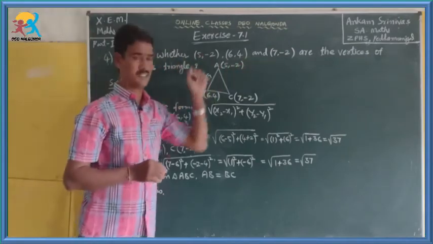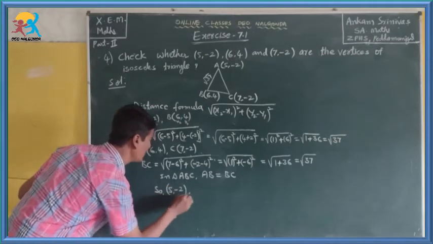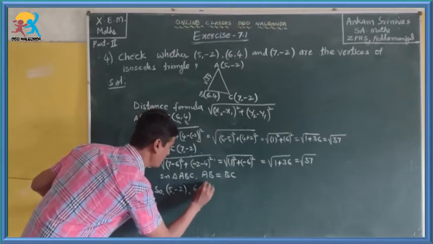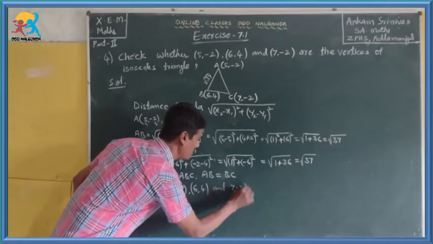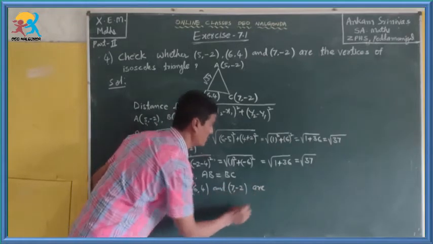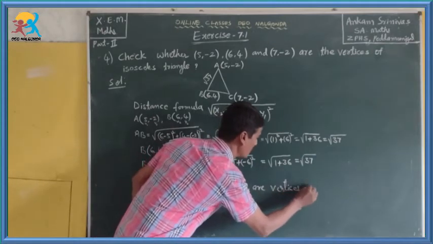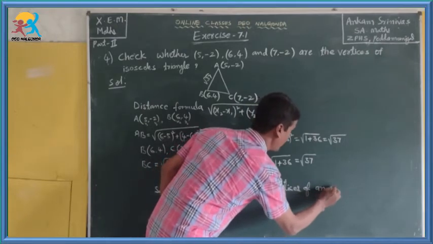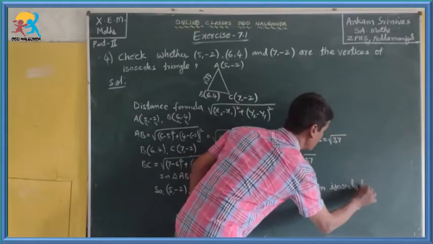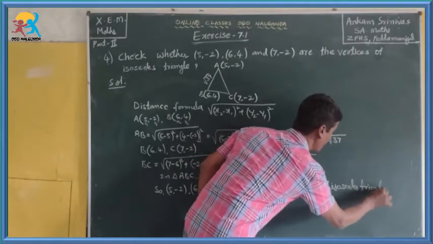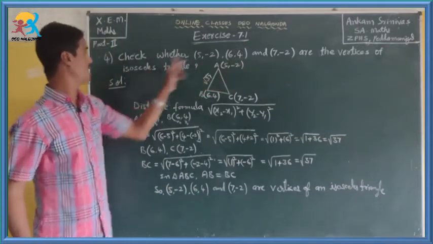Check whether 5 comma minus 2, 6 comma 4 and 7 comma minus 2 are vertices of an isosceles triangle. Dear children, given the triangle, prove the isosceles triangle.